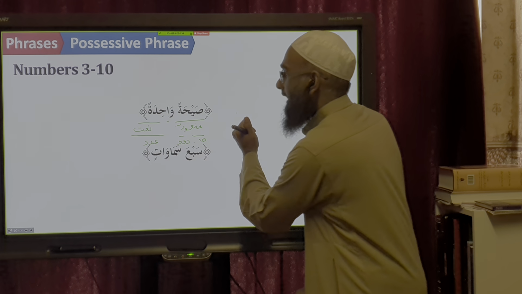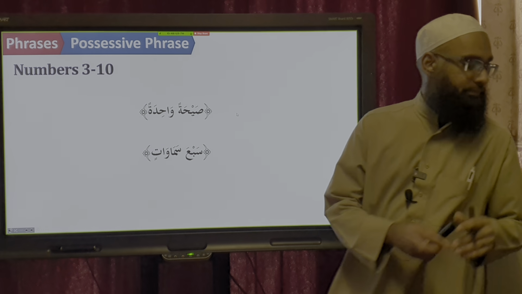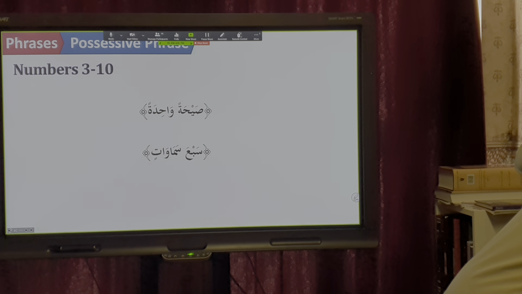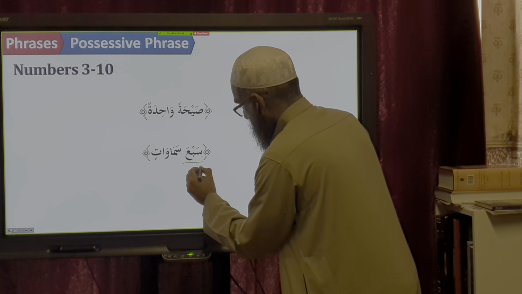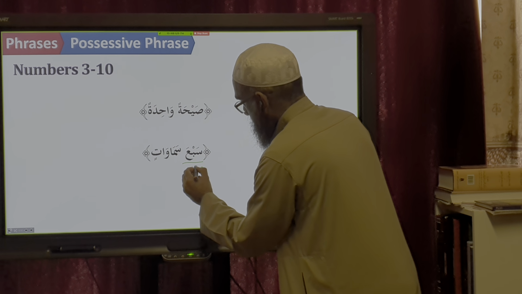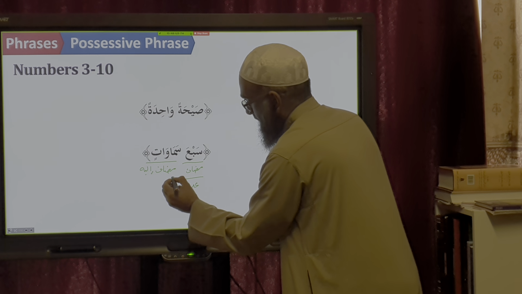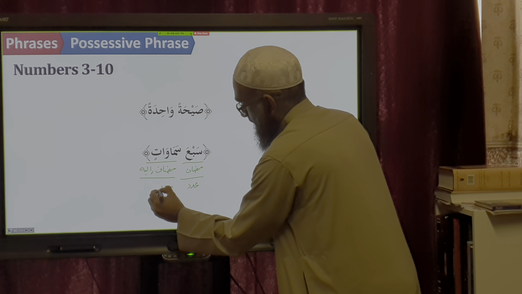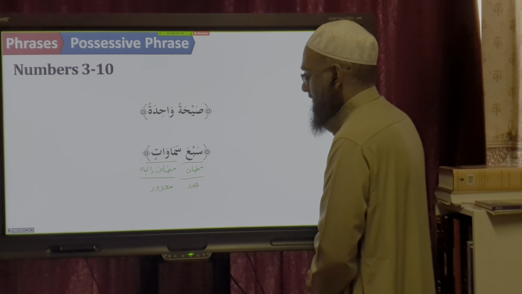Okay. Next, Ahmed. Sab'a samawat. Sab'a is going to be mudaf. Samawat is mudaf ilayhi. And sab'a is the adad, samawat is the ma'dood, the thing you're counting. And translation? 7 heavens, 7 skies. Musab.